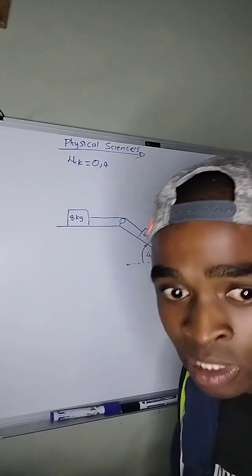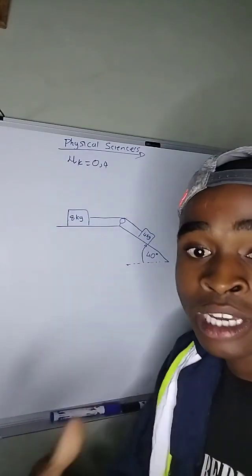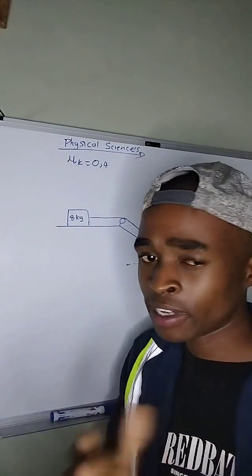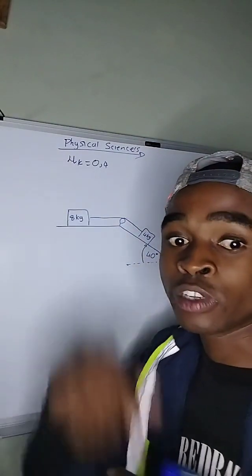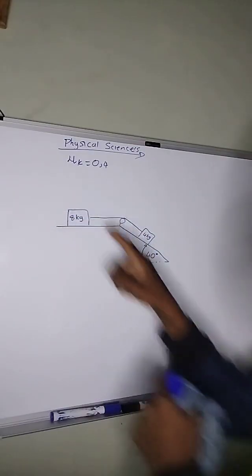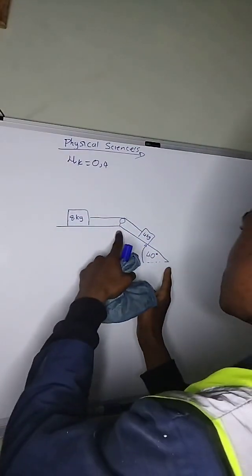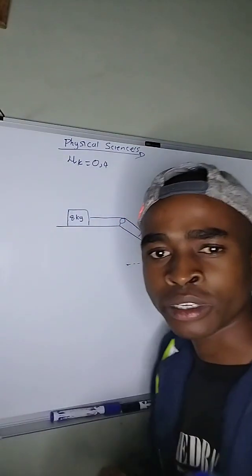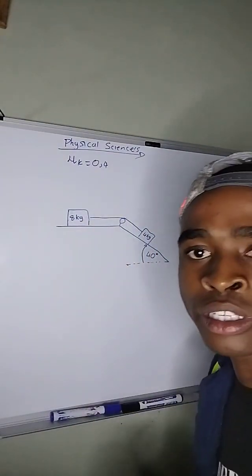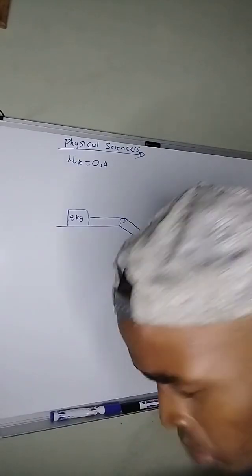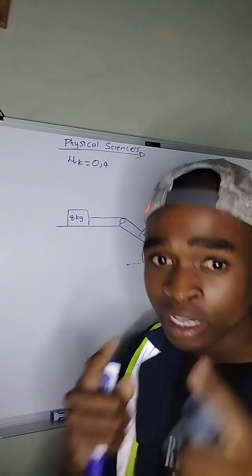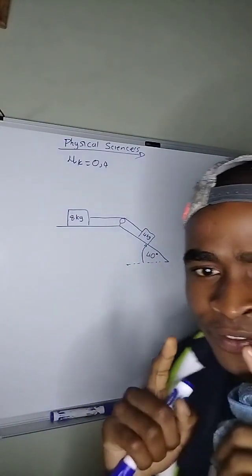It can be possible that they might not share the same surface, and if the surface is not the same, the coefficient won't be the same. So I don't want to focus on the question too much. I want us to focus on the logic of the physical sciences.